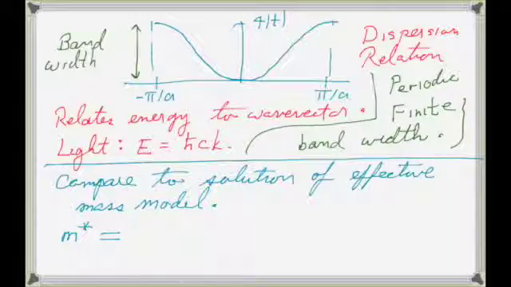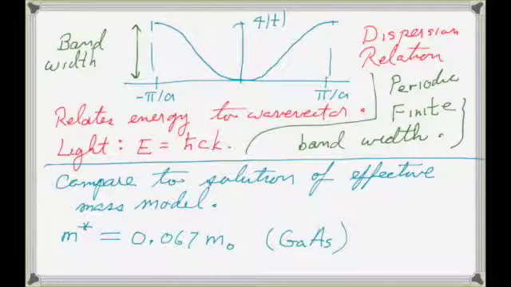So, for example, in gallium arsenide, for the electron, it's 0.067 m0, where m0 is the actual mass of an electron in the vacuum. And so in the effective mass model, all you do is you take your differential Schrodinger's equation and you replace the true mass of the electron with this effective mass.